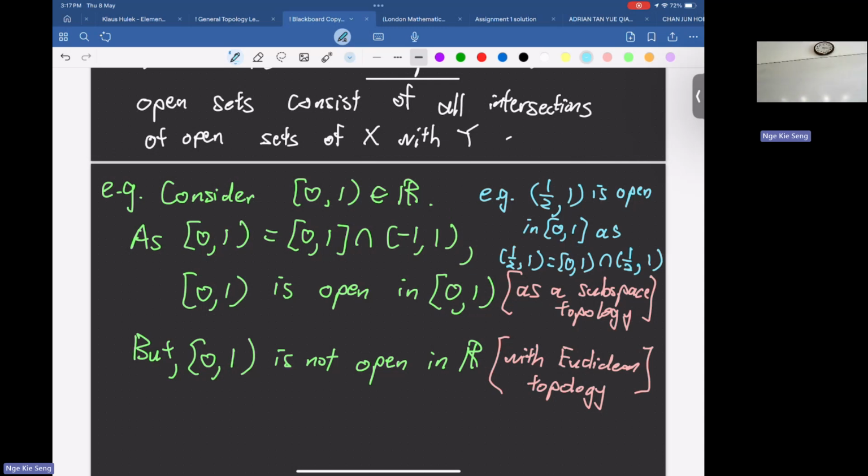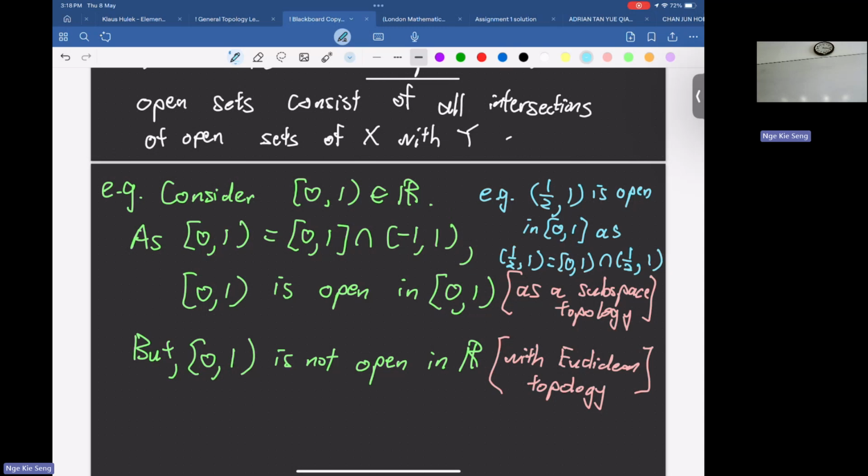So you can see that with subspace topology, we will declare that this kind of non-open thing in R to be open. This is one of the benefits when we just want to look at some subspace. But we need to be careful whether we are using the subspace topology or the ambient topology.